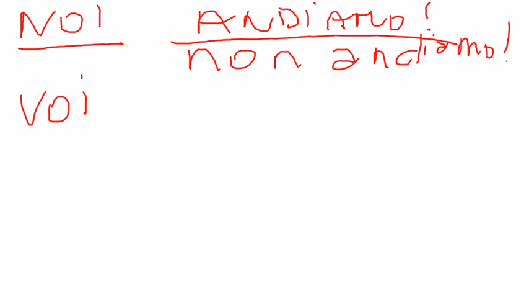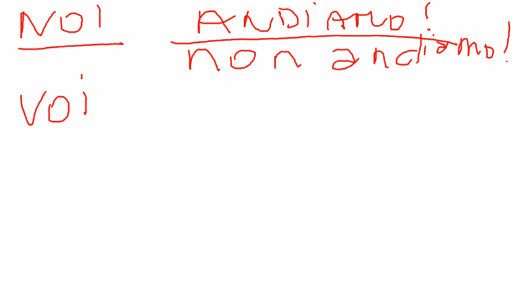You use the noi form of the verb to issue a positive command. You put non in front of it to issue a negative command. What is important that you remember is you do not say noi in front of it. If you say noi in front of it, you will just issue a standard statement that means we go home, we do not go home.